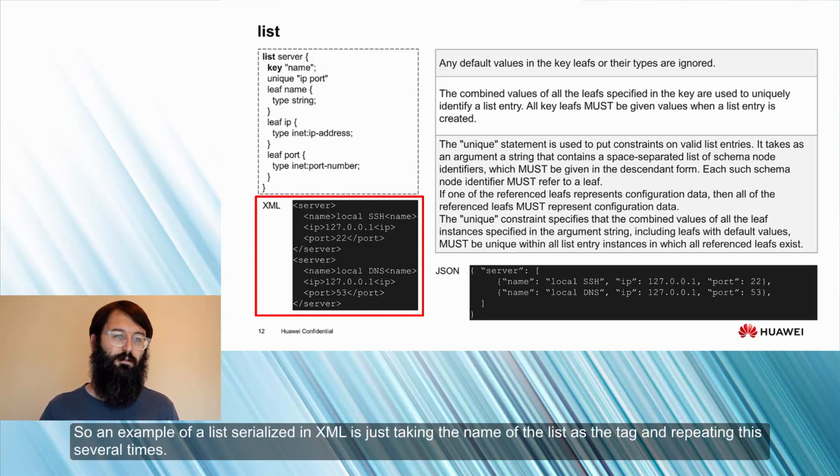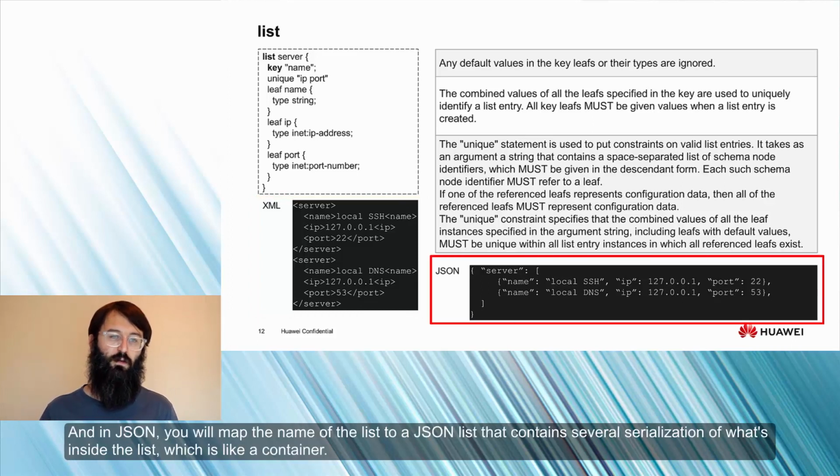An example of a list serialized in XML is just taking the name of the list as the tag and repeating this several times, and in JSON you will map the name of the list to a JSON list that contains several serializations of what's inside the list, which is like a container.